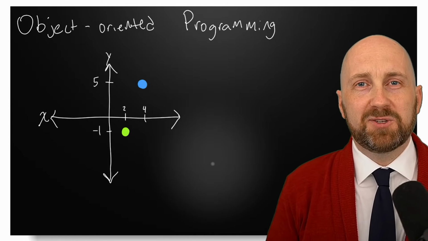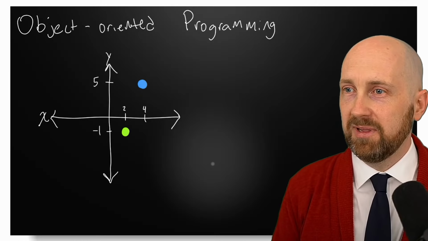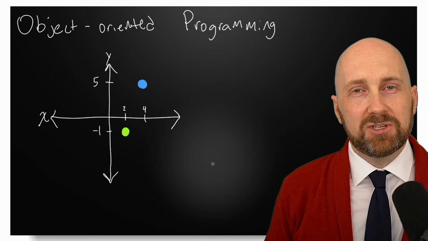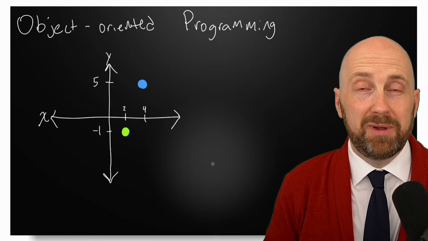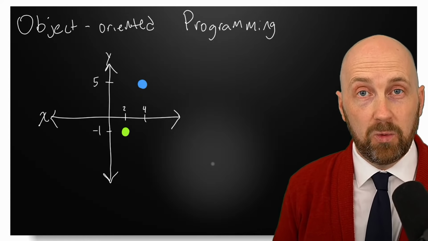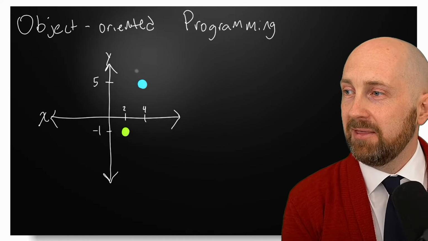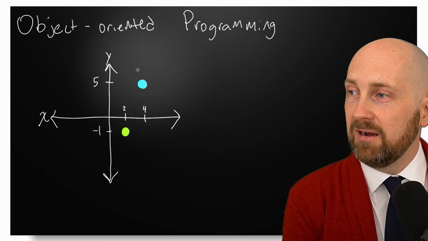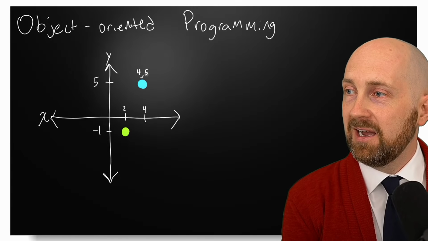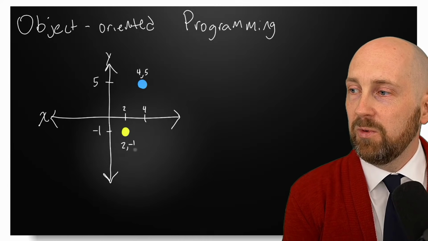So when we think about these points, what is a point in a 2D coordinate plane? It's the combination of a grouping of two values, right? We've got an x attribute and a y attribute, and we're grouping these two attributes together.